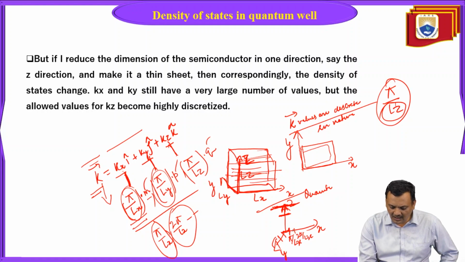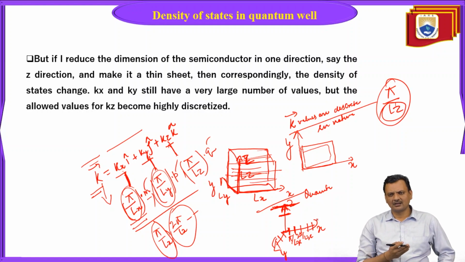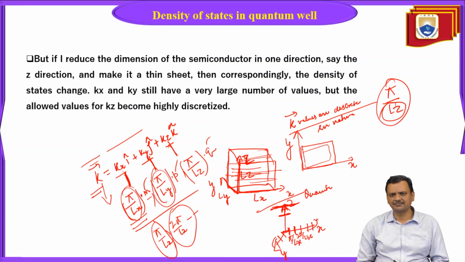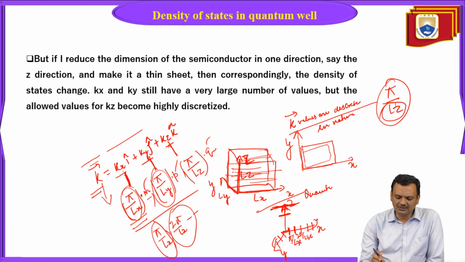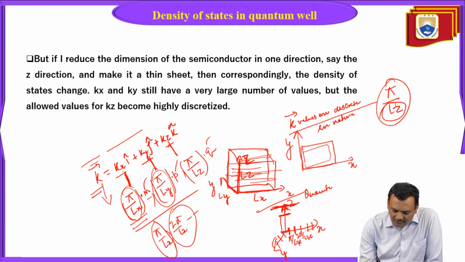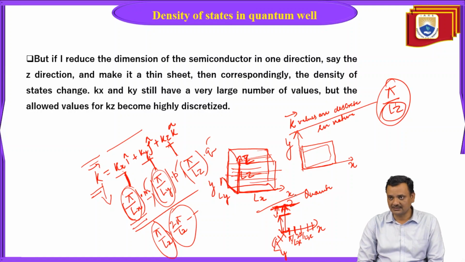But on the x-axis, you can get too many available states, like in the bulk case. So what I mean to say is, these values will now be highly discretized, discrete in nature.